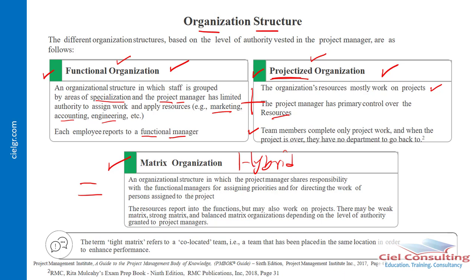The matrix organizational structure is further divided into three types: the weak matrix, the strong matrix, as well as the balanced matrix. The type of organizational structure that an organization runs is to a large extent dependent on the amount of authority that is granted to the project managers within such an organization.